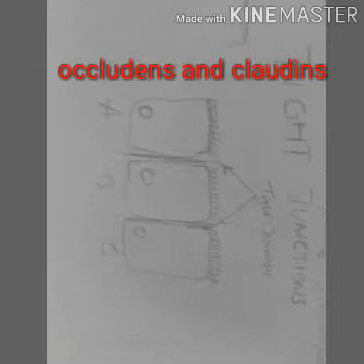and these are the occludins and the claudins. As you can see, these two specialized protein structures in tight junctions have an untold effect on the biological membranes on which they act.